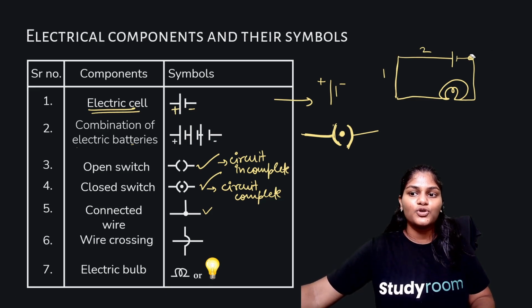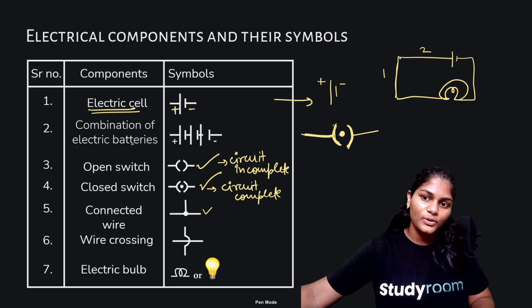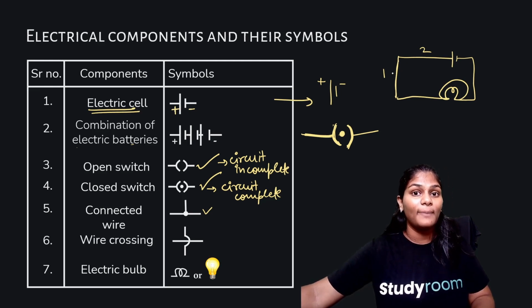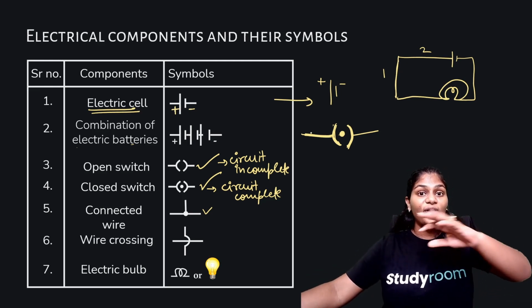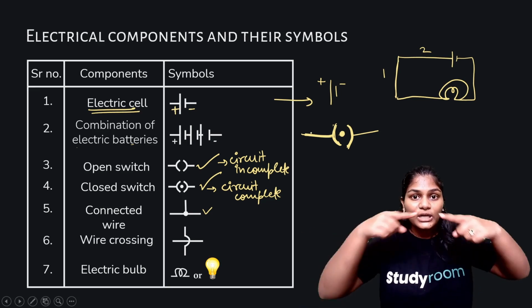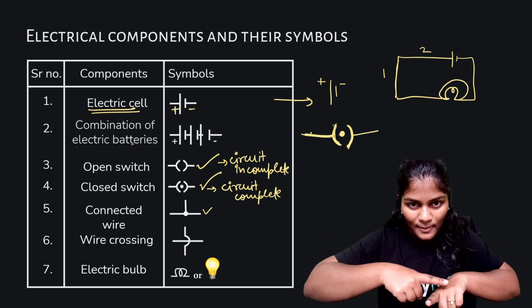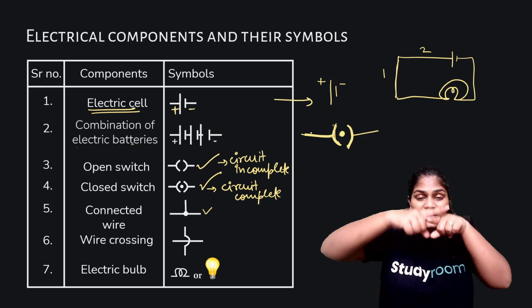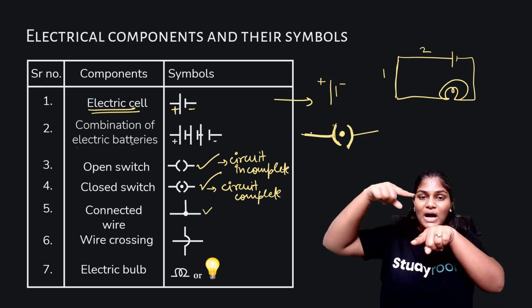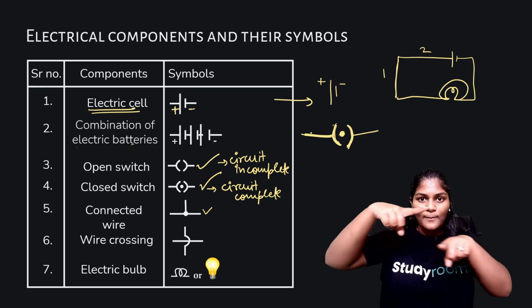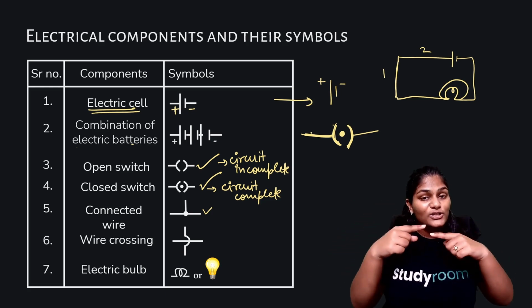If you want to show that the wires are connected, you can simply show them being joined. But maybe the wires are not connected, maybe they're just going one on top of the other. When you look from above, it would almost look like they're joined, but they're actually not. They're just passing above or below each other, but they're not actually meeting.